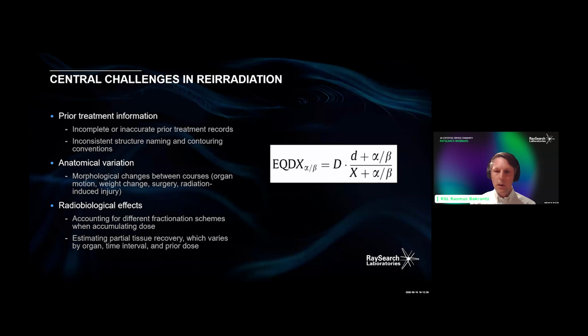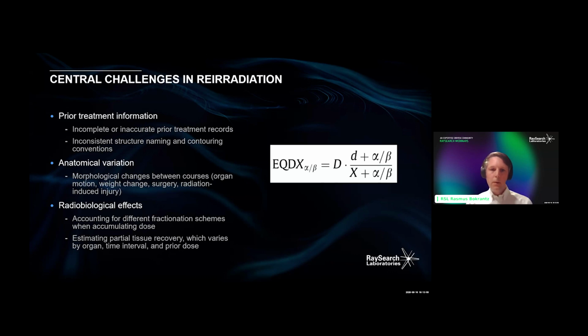The equation here to the right illustrates conversion based on the LQ dose response model. Here with a general reference fraction size denoted X, which is very commonly set to 2 gray, yielding EQD2, or sometimes set to 0, which gives BED. Then there's an alpha beta ratio that takes the fractionation sensitivity of the tissue of interest into account.